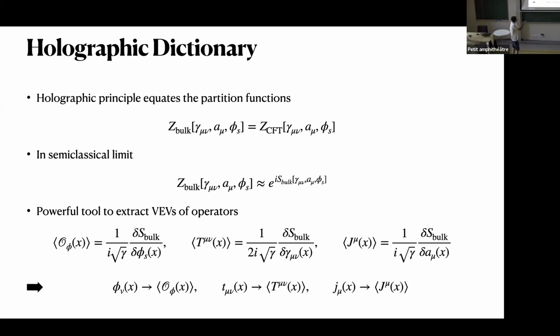Now, a small detail that I didn't tell you. I am in a semi-classical limit. So the bulk partition function collapses to the classical action. In that limit, if I compute the free energy, the log of Z, the generating function here, and I take the log in the semi-classical limit, I end up with just the classical bulk action.